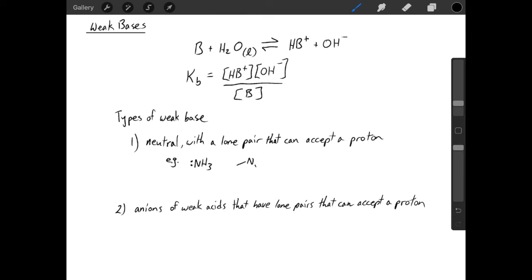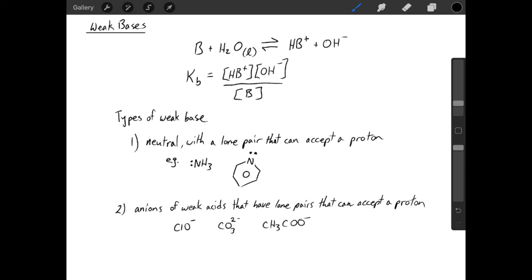The neutral structures are often, but not always, nitrogen-based. A lot of nitrogen or amine-based structures have a lone pair of electrons that can accept a proton. As for the anions of weak acids, these are negatively charged materials, and to become negatively charged, there's generally a lone pair of electrons.